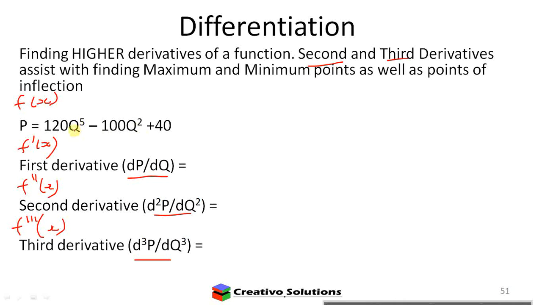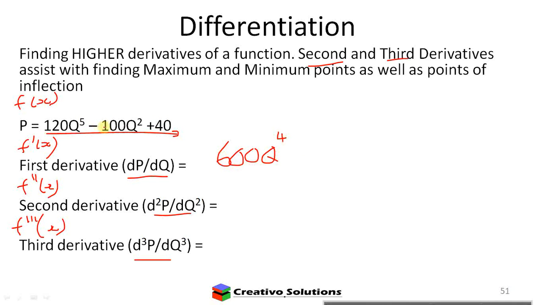Let's find the first derivative of this equation. I've got 3 terms to derive. The first term, what's 5 times 120? I think it's 600. Yes, 600. x to the 5 minus 1, which is 4.